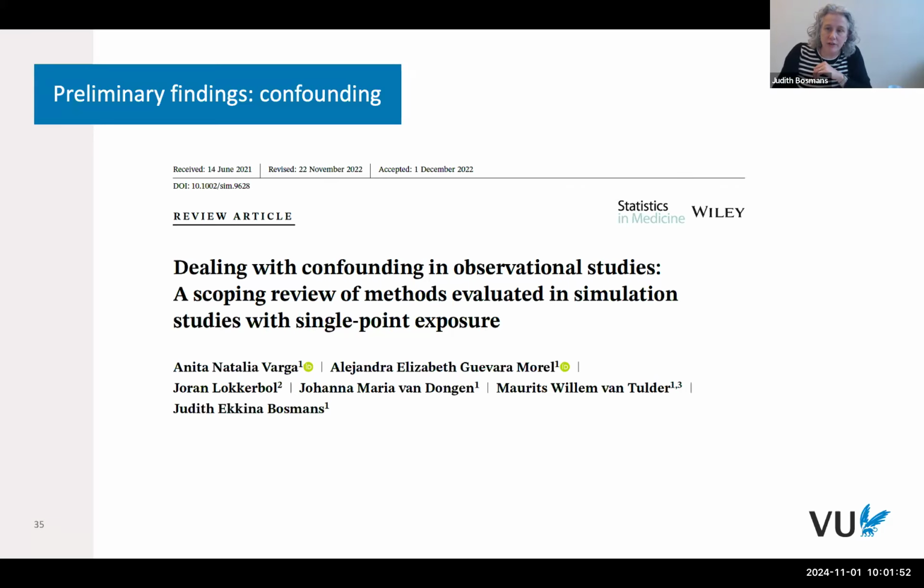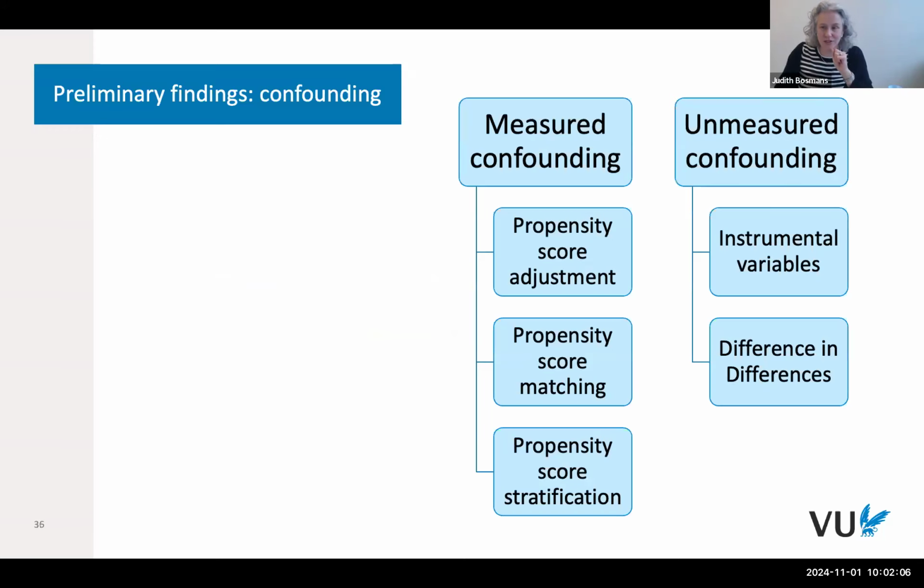This is a scoping review that she wrote, in which she went through 128,000 papers to end up with 127 papers of simulation studies that evaluate the performance of different methods to deal with confounding.